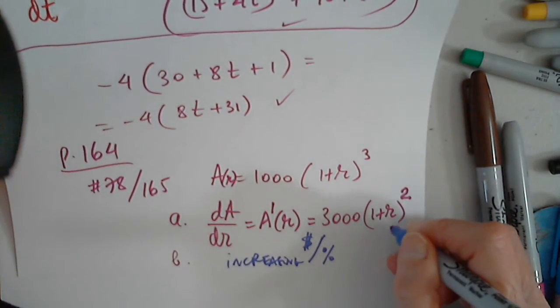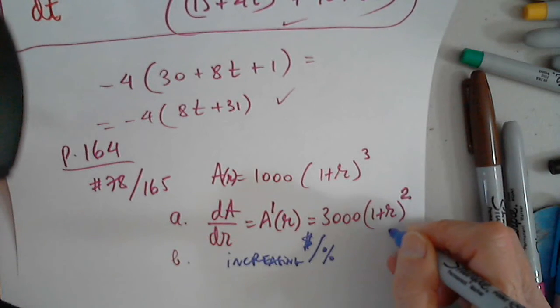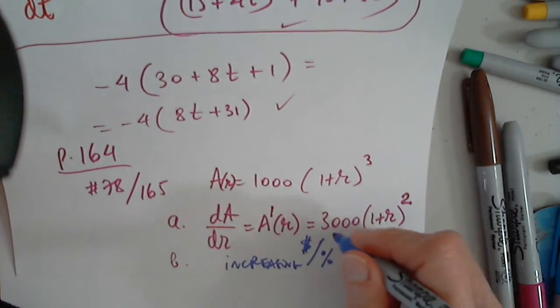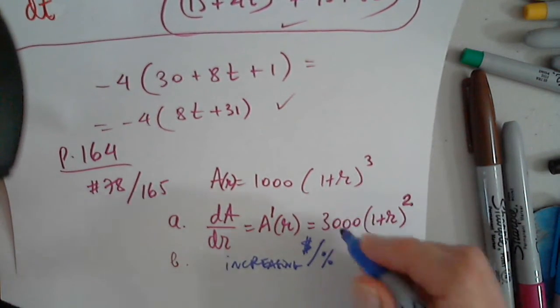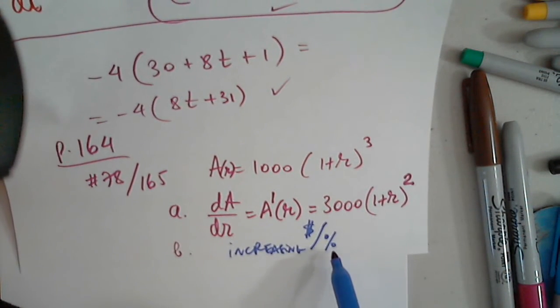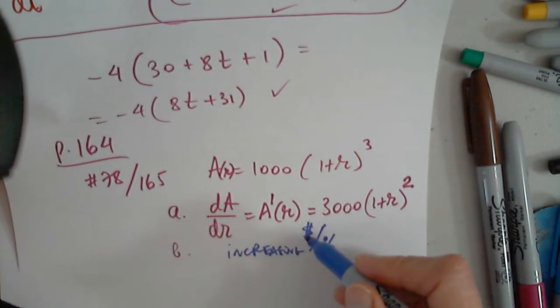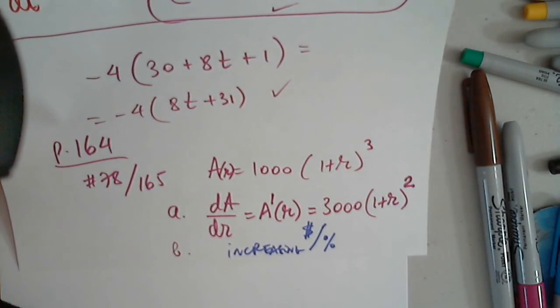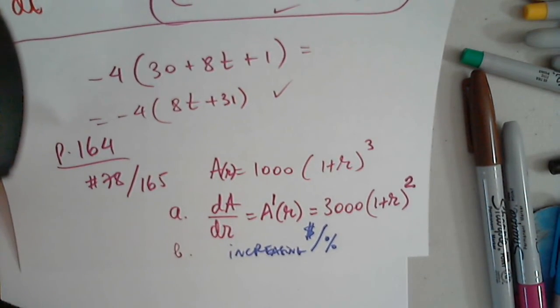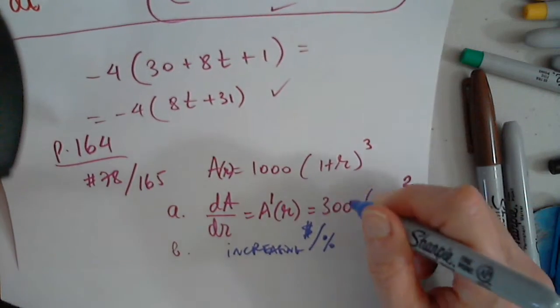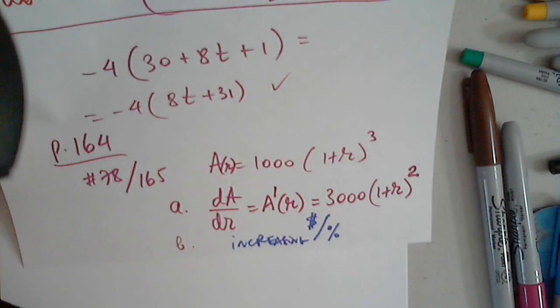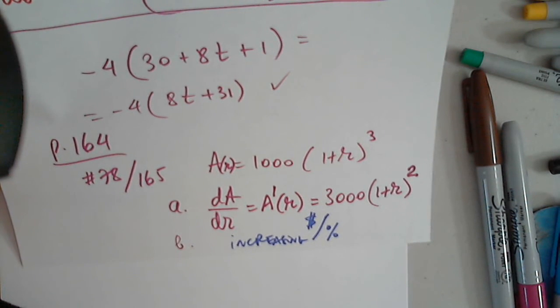So if R is 2, then I have 3 to the second power, which would be 9. 9 times 3 will be 27,000. So for an increase of 1%, we will get an increase of 27,000. For every percent increase, this is the amount that our accumulated value increases by.